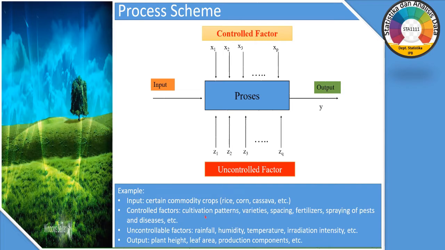And in this kind of experiment, let's say the output is plant height, right? Or maybe leaf area, or the diameter of the stem, production component, and then the yield, and so on. So this is a very good example to give you an illustration of the components of this experiment. Let's go to the next.